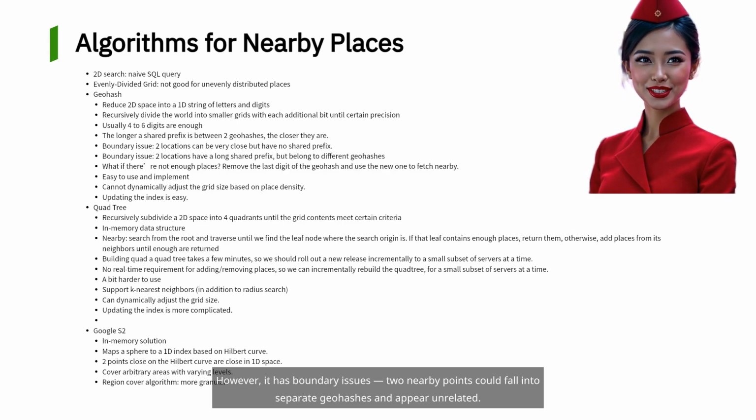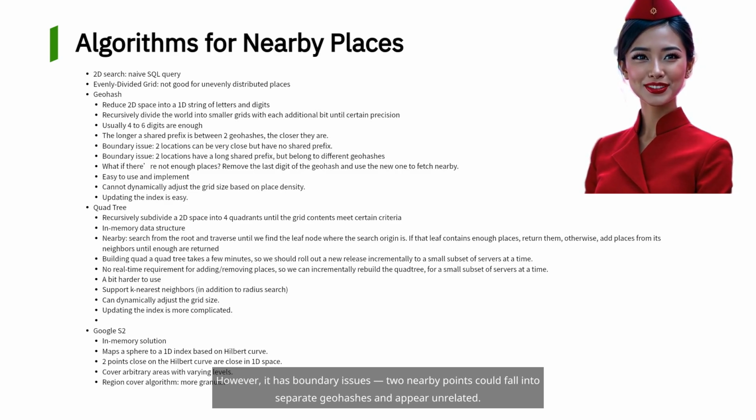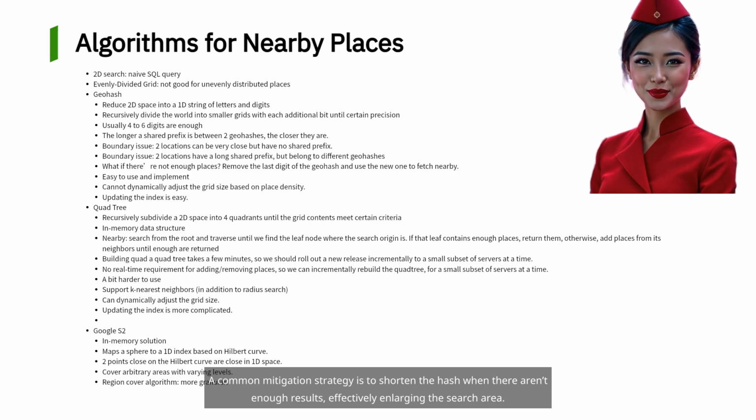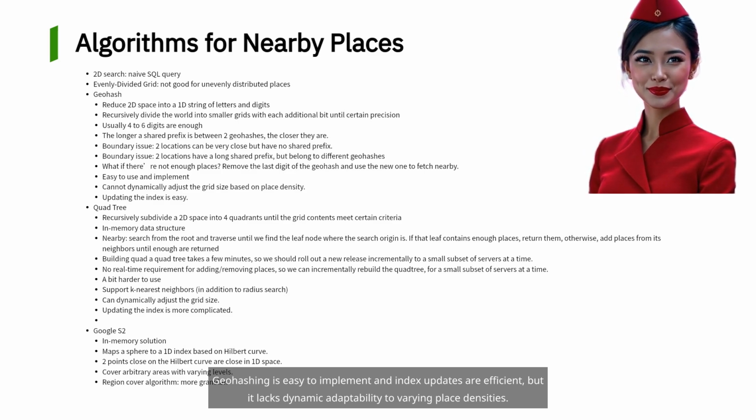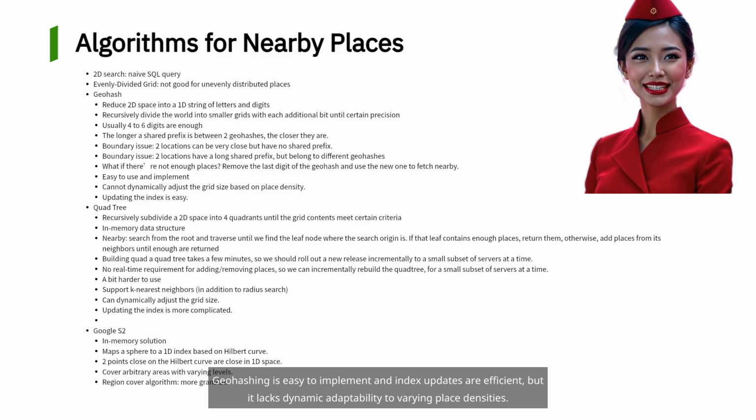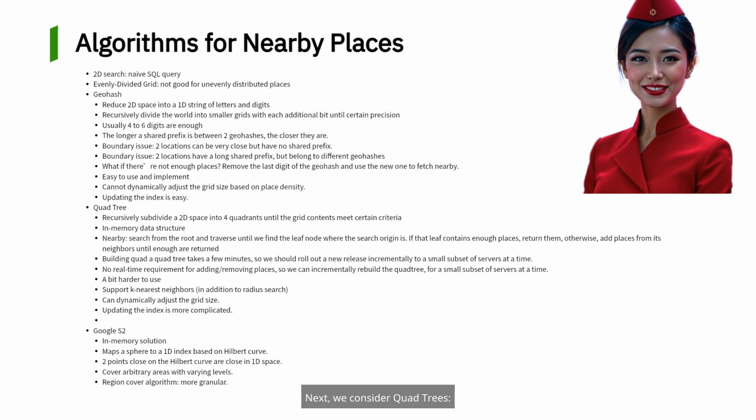However, it has boundary issues. Two nearby points could fall into separate geohashes and appear unrelated. A common mitigation strategy is to shorten the hash when there aren't enough results, effectively enlarging the search area. Geohashing is easy to implement and index updates are efficient, but it lacks dynamic adaptability to varying place densities.